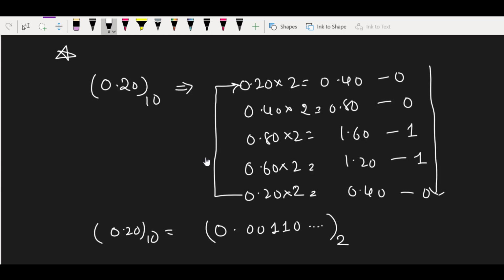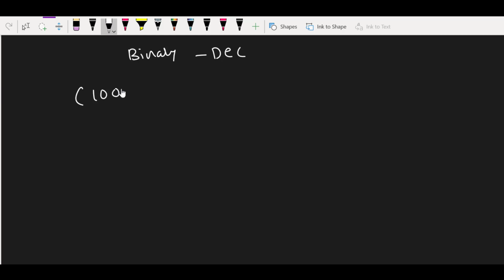Now we'll see binary to decimal conversion. How to convert binary to decimal? Let's take a binary number. As I said, you know the position weighted system.